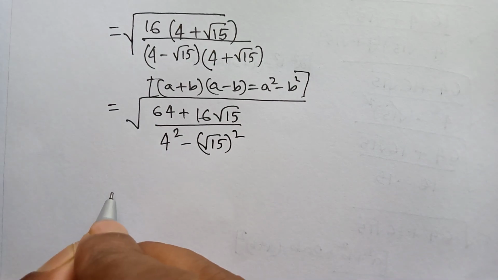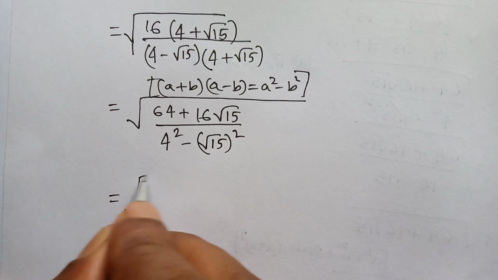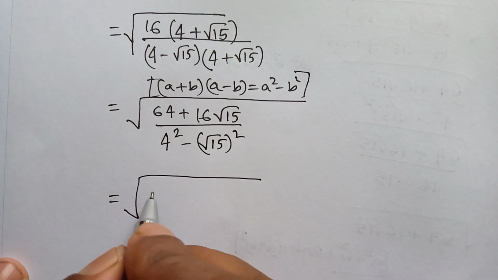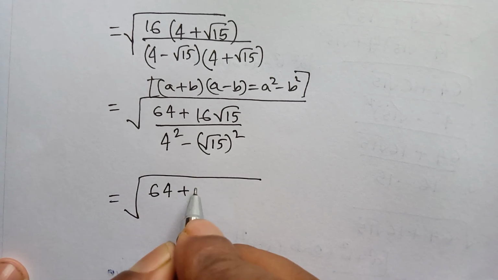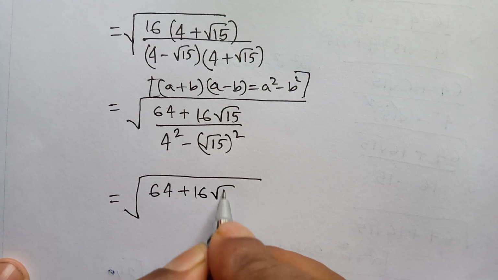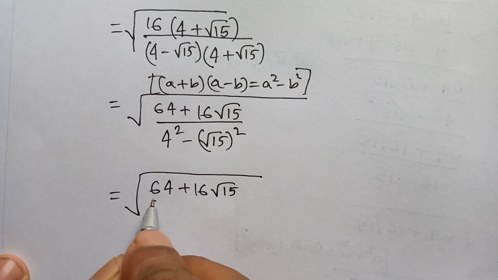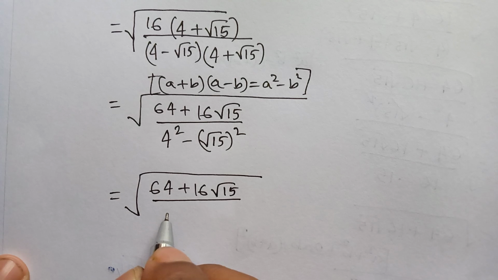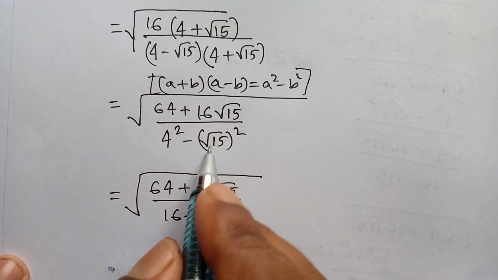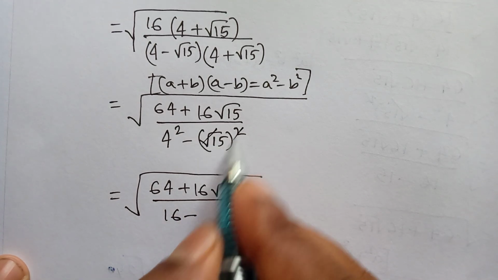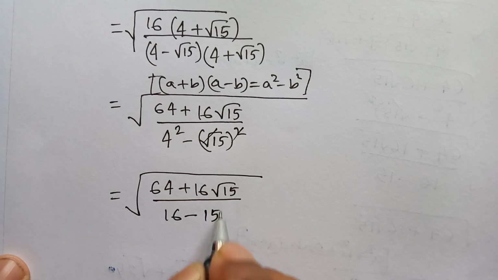And next step, we can write under the square root 64 plus 16 root 15 over 4 square, which is 16, minus 15, because the root and square are cancelled.